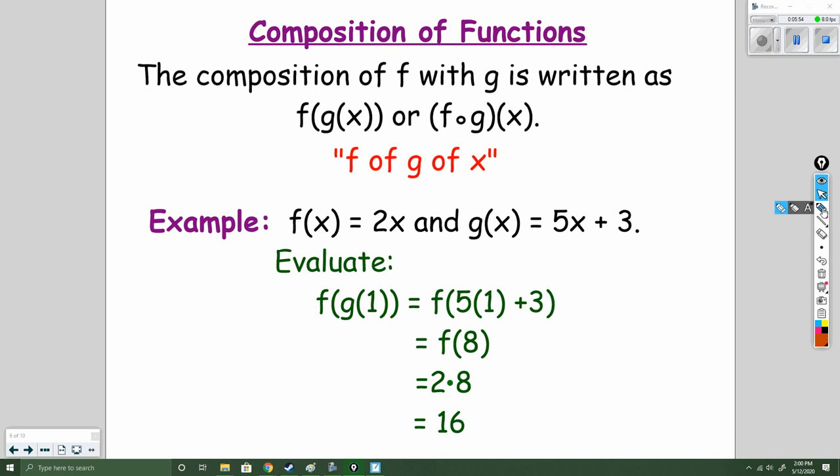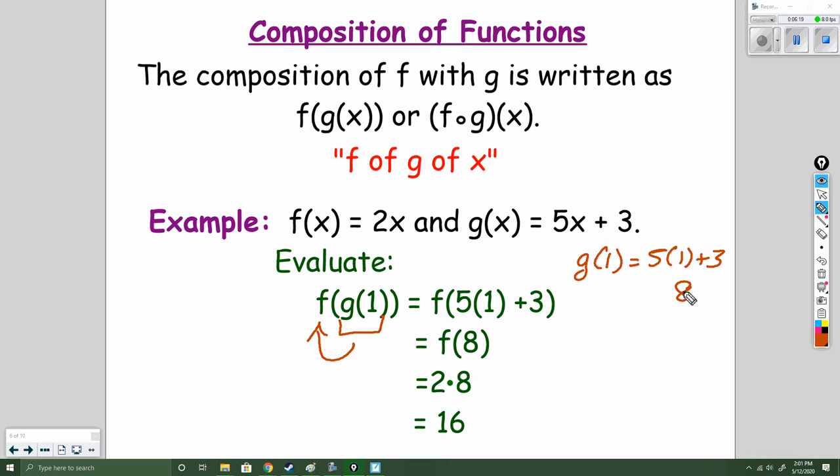and all that means is let's plug 1 into function g, and with whatever value we get, we're going to plug that into function f. So first, g of 1 would be what we get when we plug 1 into this function. So that's 5 times 1 plus 3, which would be 8.